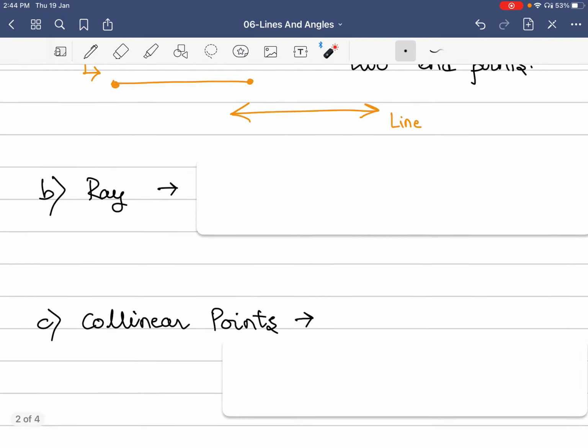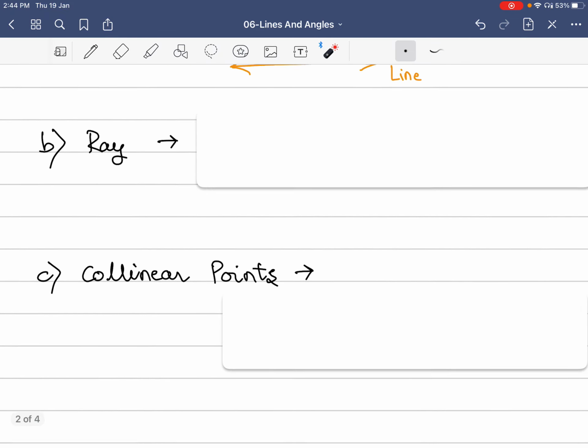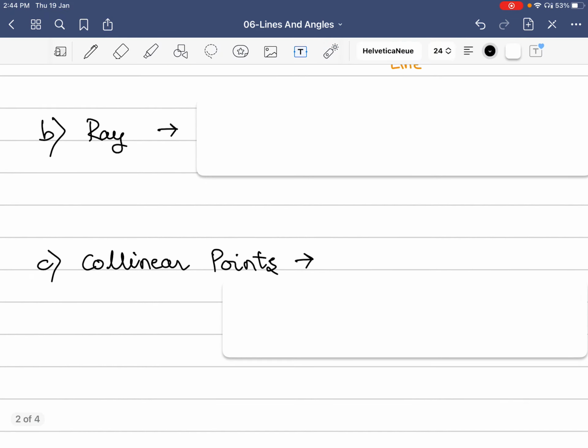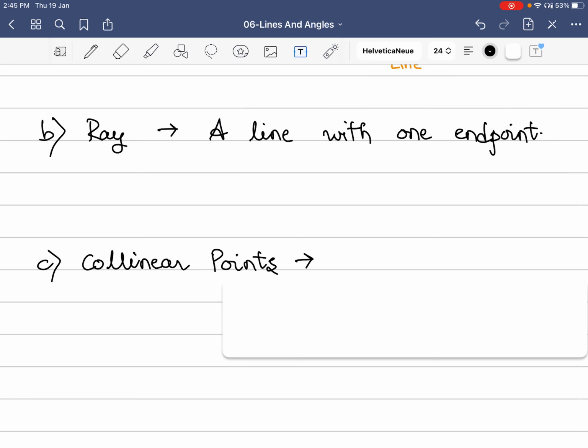Let's move ahead. The next definition is ray. So what is a ray? A ray is a line with one endpoint. Once again, this is a line, which has zero endpoints, so both these are infinite arrows.